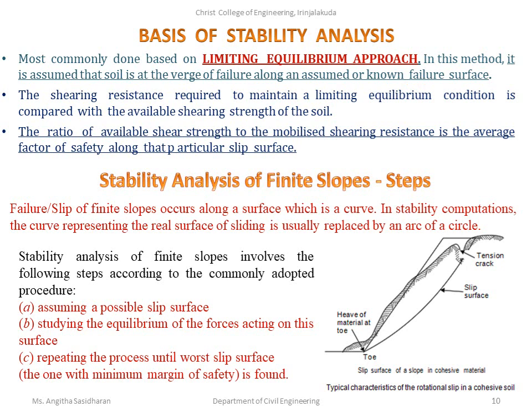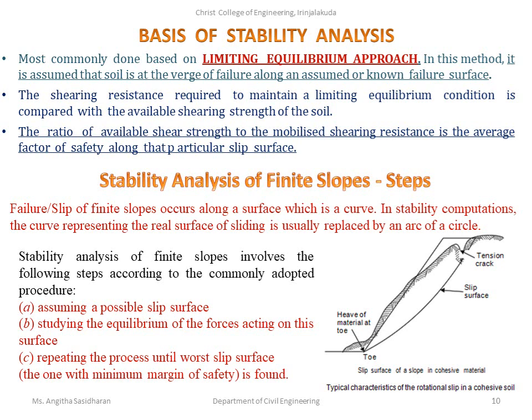And the shearing resistance required to maintain this equilibrium condition, we'll compare it with the available shear strength of soil. The soil will be having some shear strength, and what is the shear resistance required to maintain a limiting equilibrium? That is, the slope is at the verge of failure. The slope is about to fail.